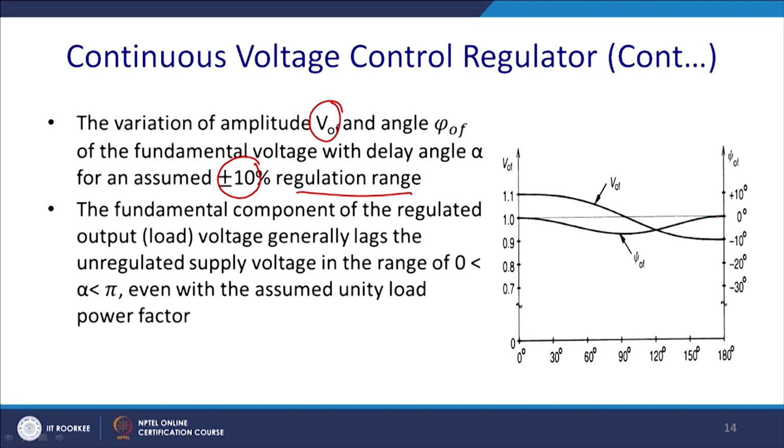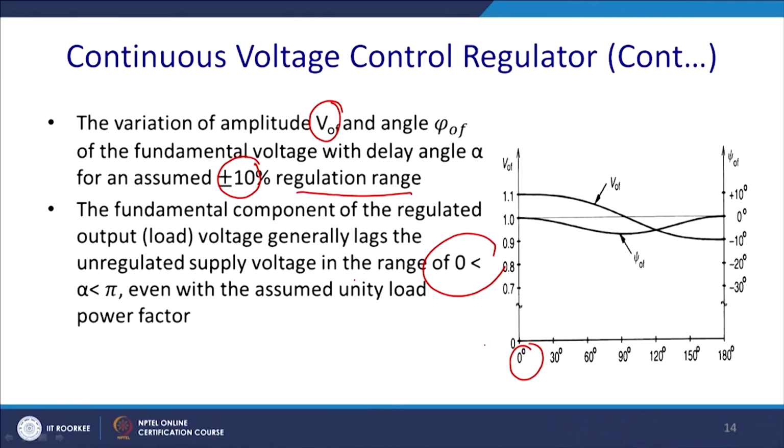The fundamental component of the regulated output load voltage covers the unregulated supply voltage range, and alpha can be varied from 0 to pi even with the unity power factor. So, power factor can actually be manipulated here; even with a resistive load you can get an inductive kind of loading by the tap changer.